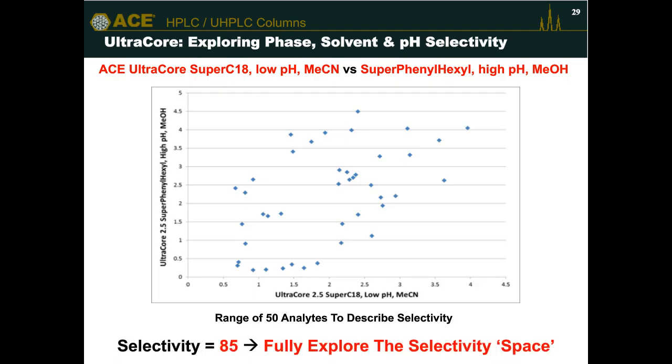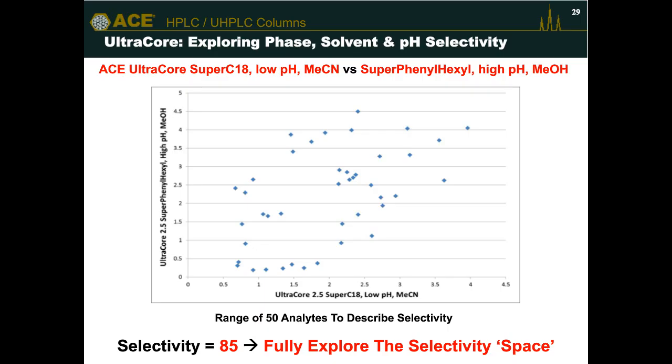So it's the biggest number that we've seen in changing variables to have the biggest selectivity space. And that gives you the best chance of separating out all of the analytes in your sample, which is what you're trying to achieve with your method development.